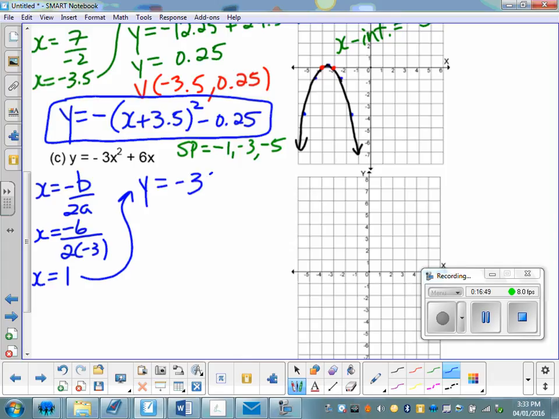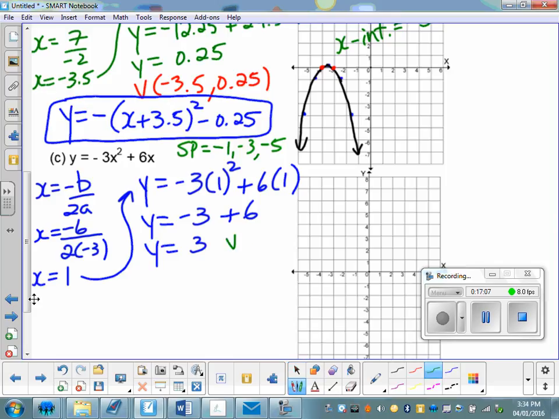I sub that into the equation where the x is, so I can figure out what y is. So 1 squared is 1 times -3 is -3 plus 6 is going to give me 3. So for this one, the vertex is 1, 3.